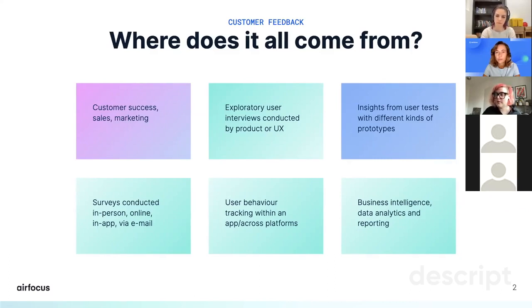You have some user behavior tracking. And then there's also business intelligence, data analytics, and reporting. So you get a lot of data and feedback about how people use your application. And so we just kind of want to make sure that we don't lose sight of the relevant information, right?